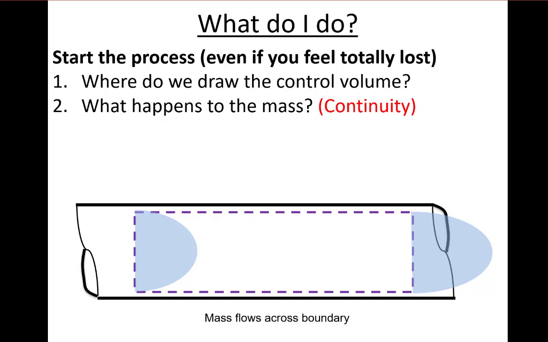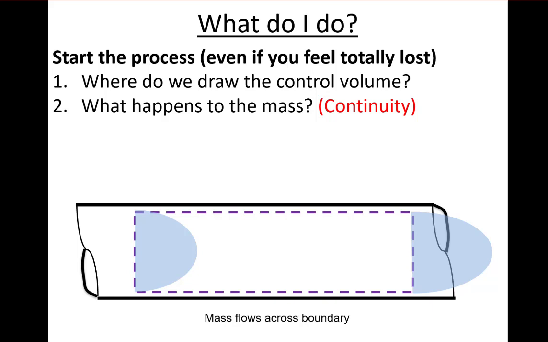The first point is, what's the part of the universe that you're interested in, right? If it's a Rankine cycle, you say, oh, I'm interested in the turbine, because I'm interested in the power produced. Or I'm interested in the turbine and the pump because I'm interested in the net power. Or maybe I'm interested in the turbine and the pump and the boiler because I'm interested in the thermal efficiency, right? So what's the part of the universe that you're interested in?